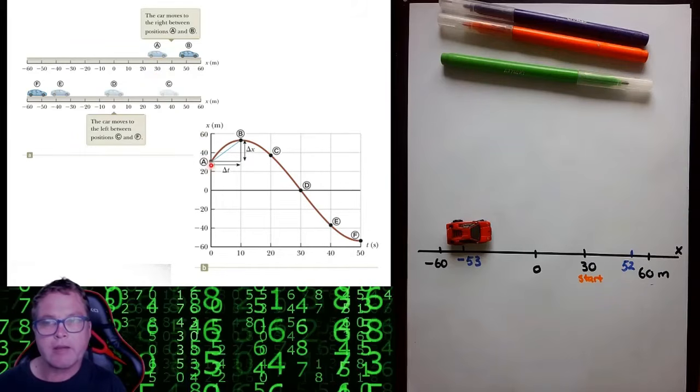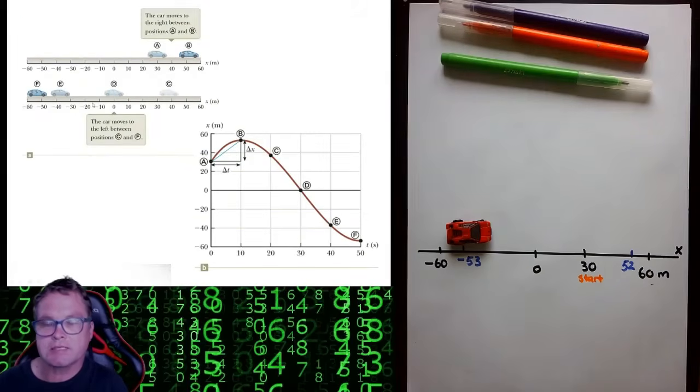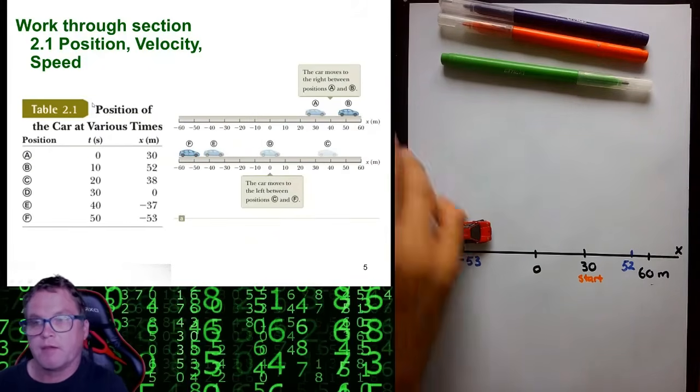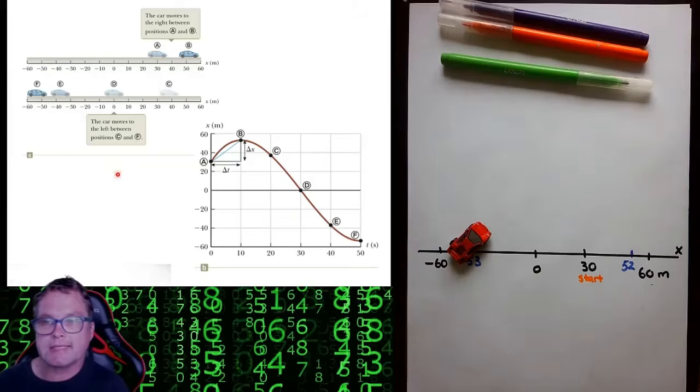We make a dot at 30 meters. That's position A. At position B, let's check what the elapsed time for position B is. For B, the elapsed time is 10 seconds, and after 10 seconds we see that the car is now at 52 meters. So this is how they managed to arrive at the second point B, and so forth.